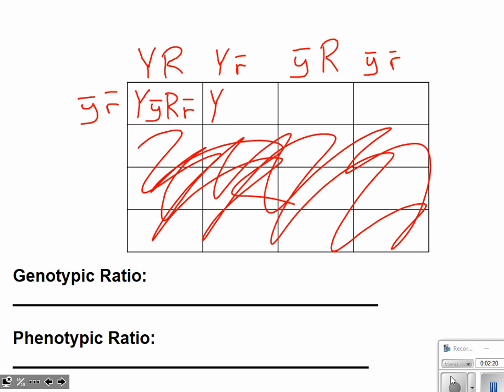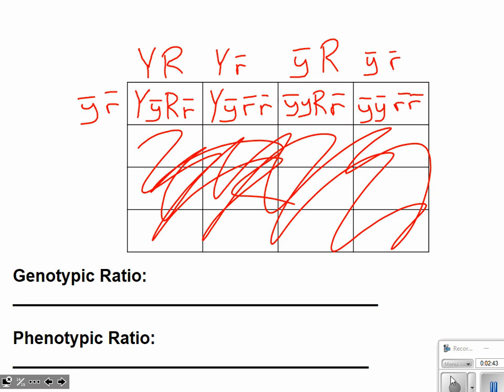Capital Y, lowercase y, lowercase r, lowercase r. Lowercase y, capital R, lowercase r. And finally, y, both lowercase, r, both lowercase.